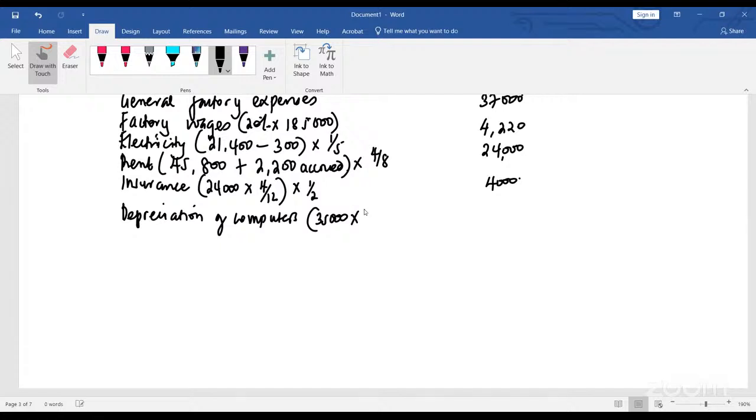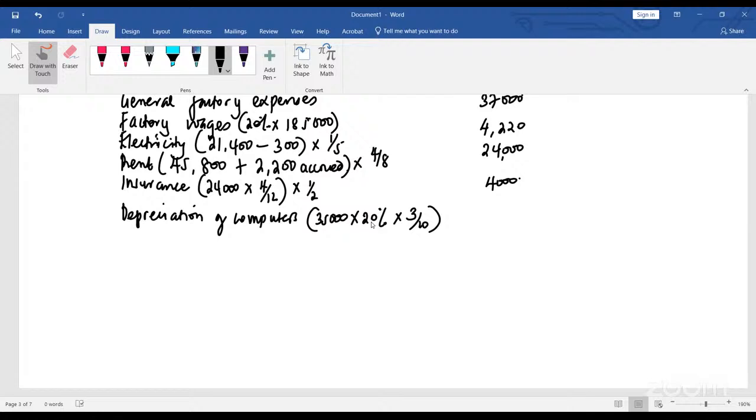So that will be 35,000 times 20%. That gives us the depreciation of all the computers. But I need depreciation for the 3 computers out of the 10, because the 35 is for the 10. So the depreciation should be for those computers that are used in the factory.